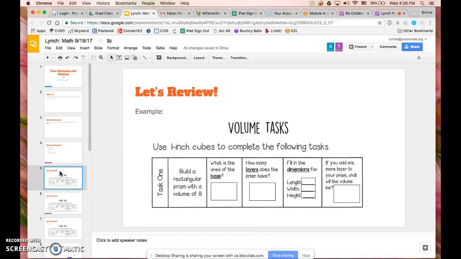The first task says to build a rectangular prism with a volume of 8. Using your cubes, I would like you to type in the chat box how many cubes you would need to use to build that prism.